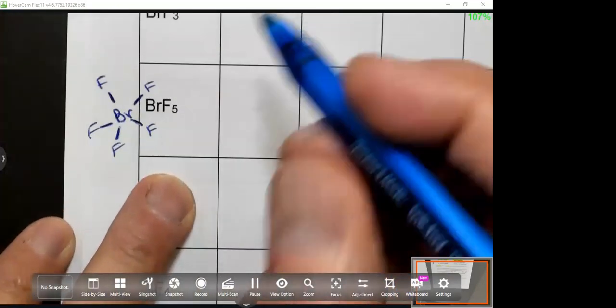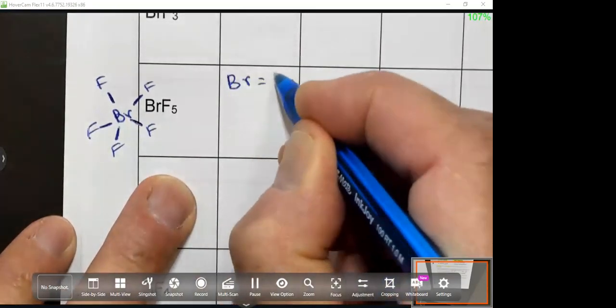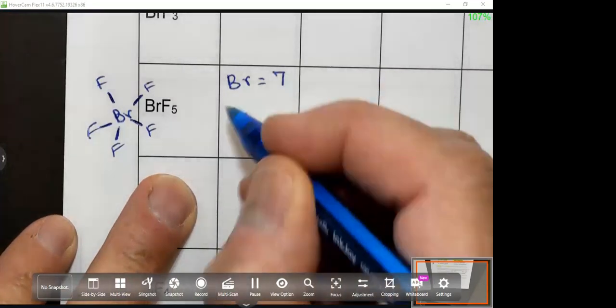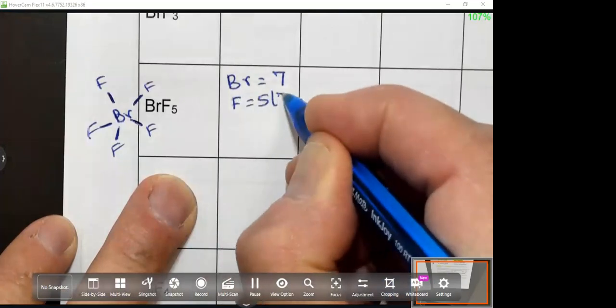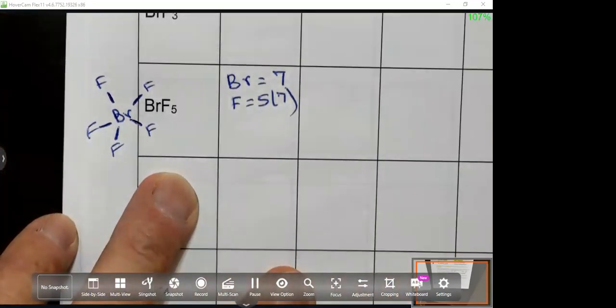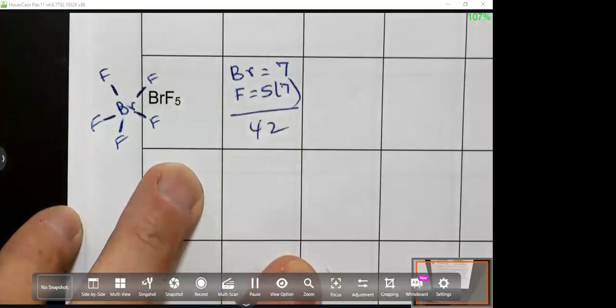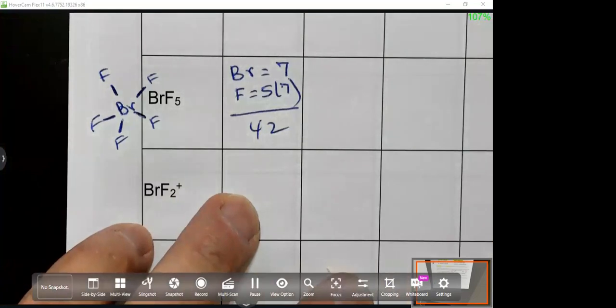Total valence electrons here is 7 for the bromine. Fluorine is 5 times 7. 42, huh?